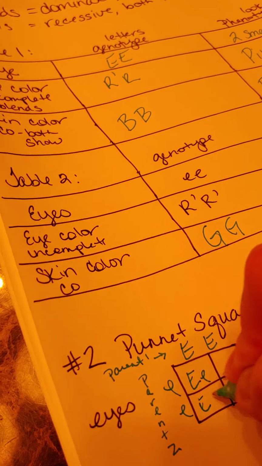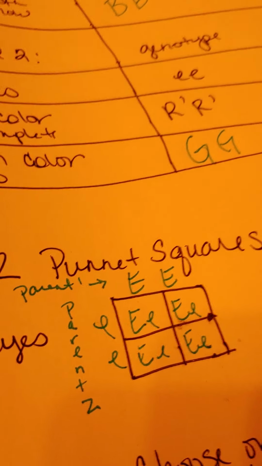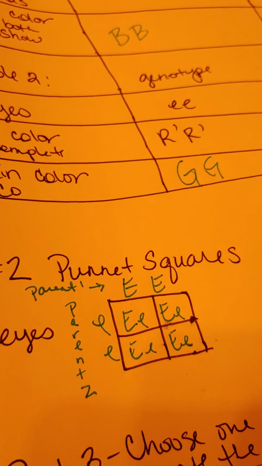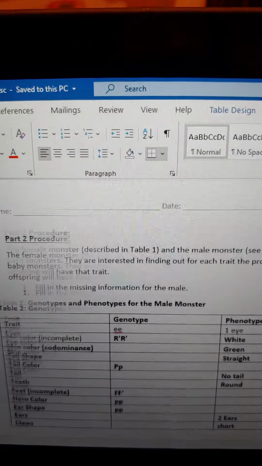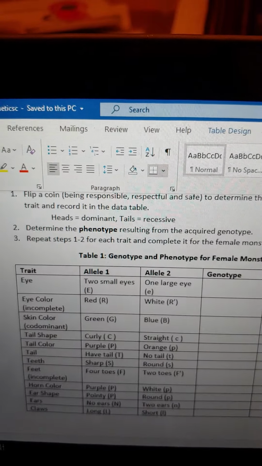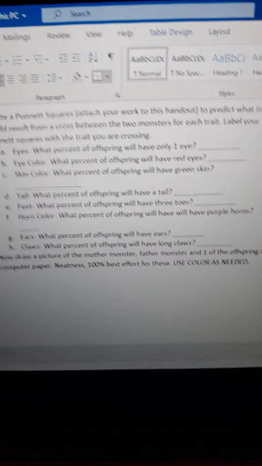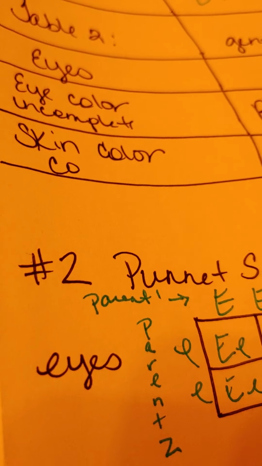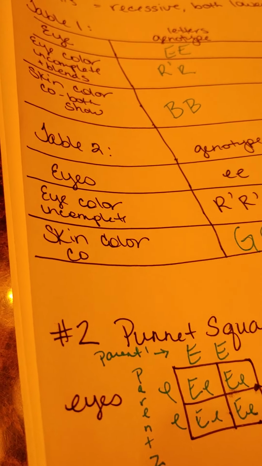Because there's a capital in each box, it's 100% to have 2 I's.